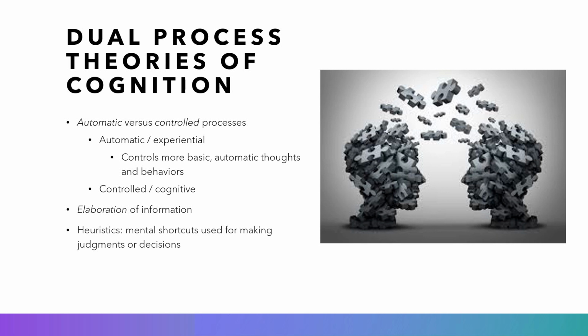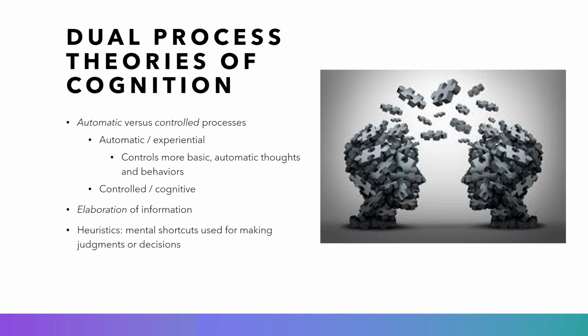I've talked to you guys about dual process theories of cognition before, so it should sound familiar. These dual process theories basically state, very simply, that there are two broad modes of processing in human cognition, and specifically in social cognition.